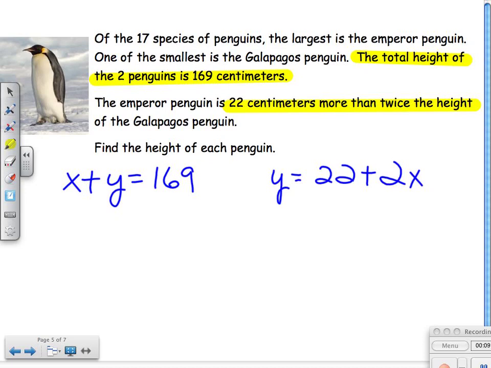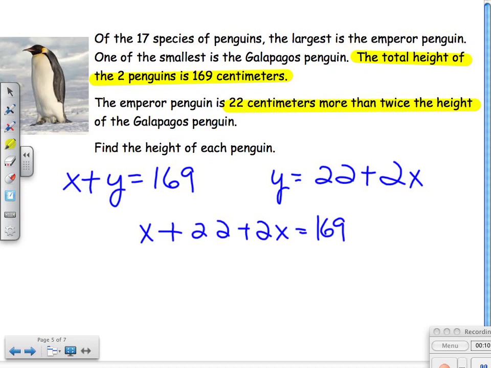Which one would you guys like to use? You could substitute, sure. So we have x plus 22 plus 2x equals 169. You also could set this up differently and use subtraction.